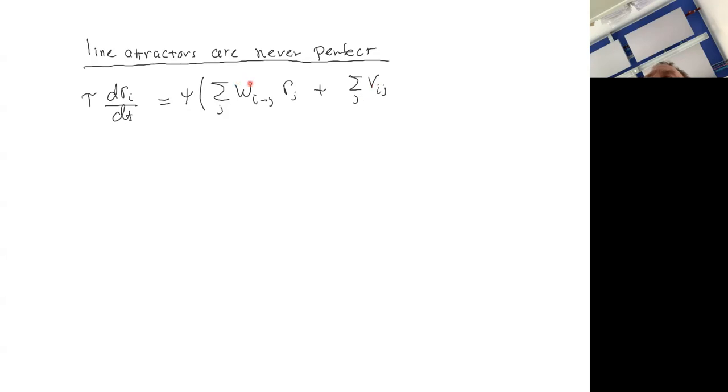We want them to be W_(i minus j), but they're going to be W_(i minus j) plus V_ij. And then we'll also add in some external input, let's call this h_i, minus R_i. So V_ij is from imperfect weights.